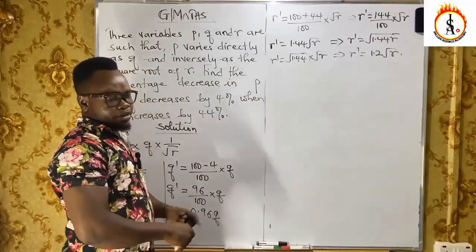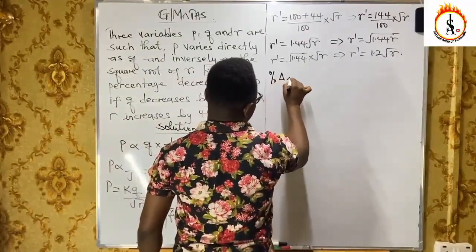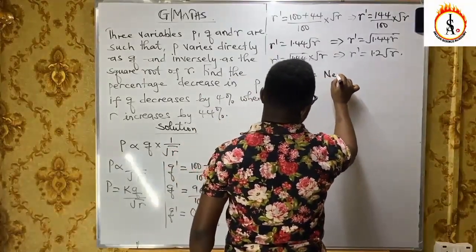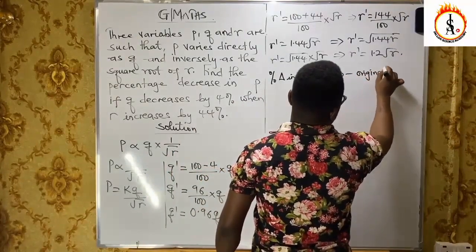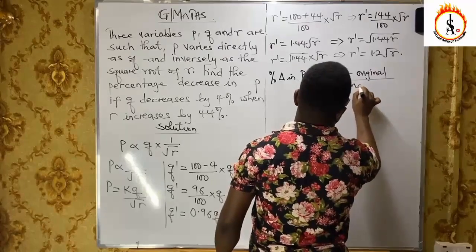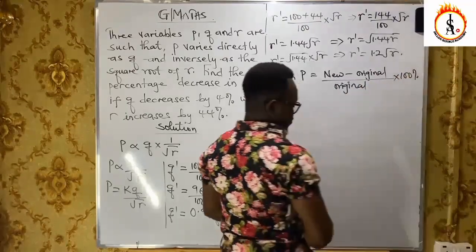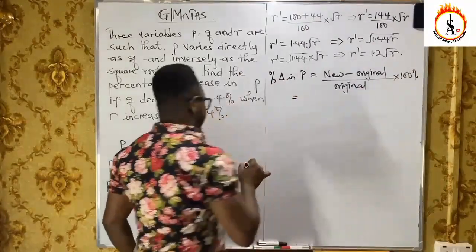So now we use the formula which says percentage change in P is going to be equal to the new minus the original all over the original multiplied by 100%. So now the change is going to be the new.